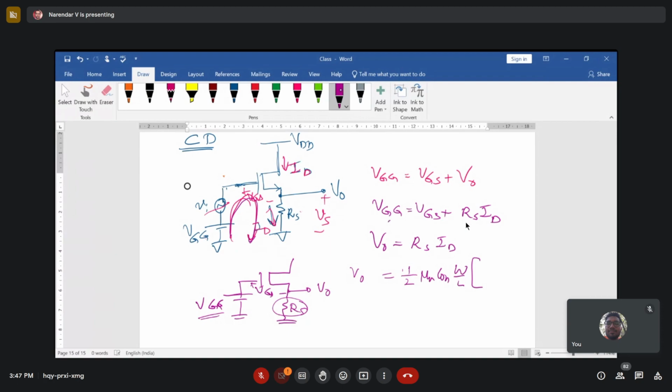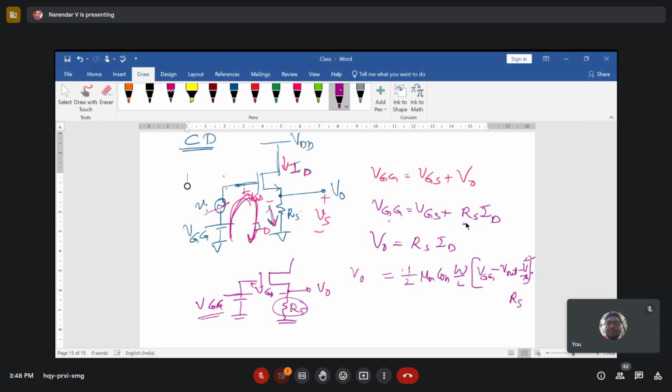VGS is equal to VGG minus V naught, and V naught is V out. So VGS, with V input being VGG, is VGG minus V out, minus VTH, whole square, into RS, right?